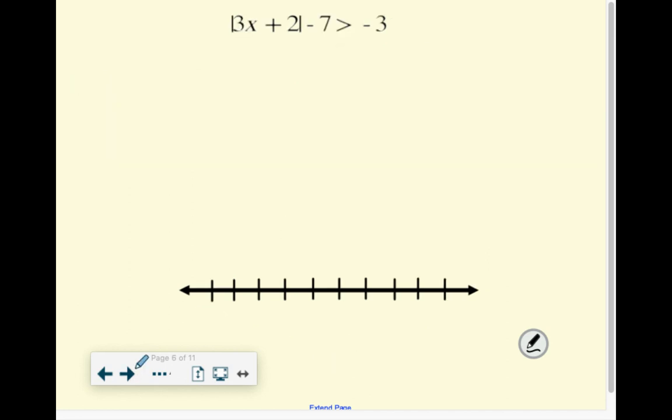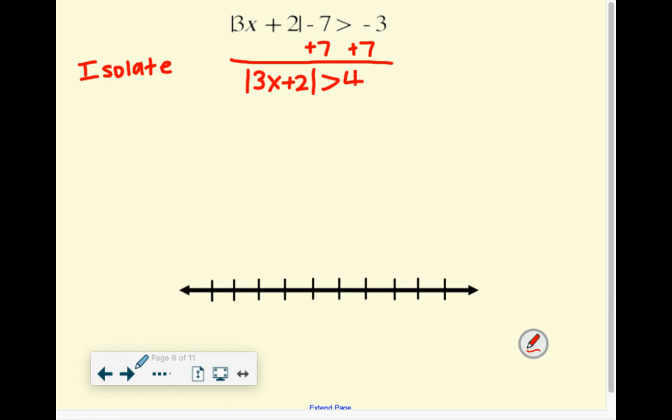Okay, so step 1, isolate. There is something outside on this one. There's a negative 7. So let's add that 7 to the other side. Negative 3 plus 7 is 4. Notice I'm keeping the same symbol for right now.